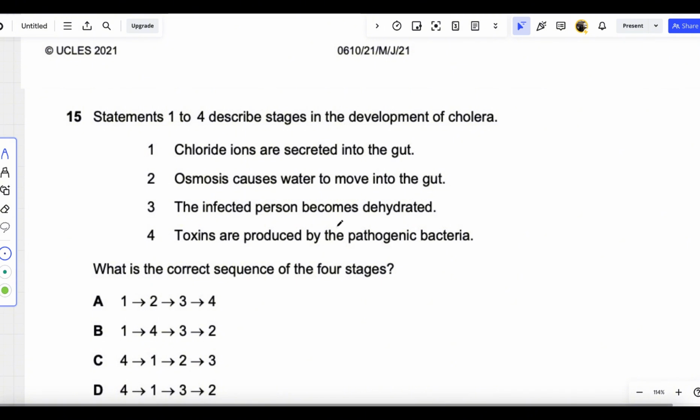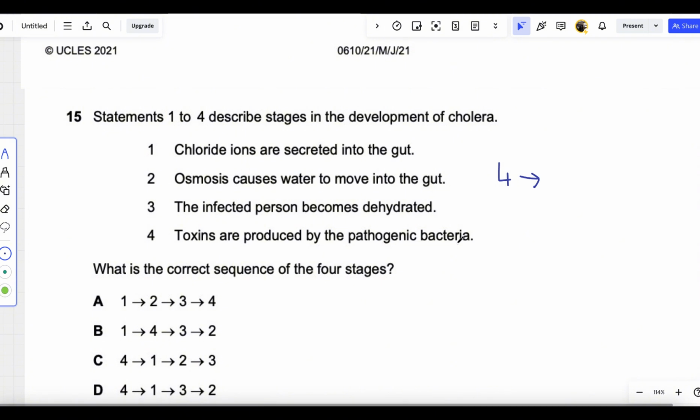Toxins are produced by the pathogenic bacteria. This should be the first one, because the pathogen is the first thing. The bacteria that is going to cause the cholera is the first thing.